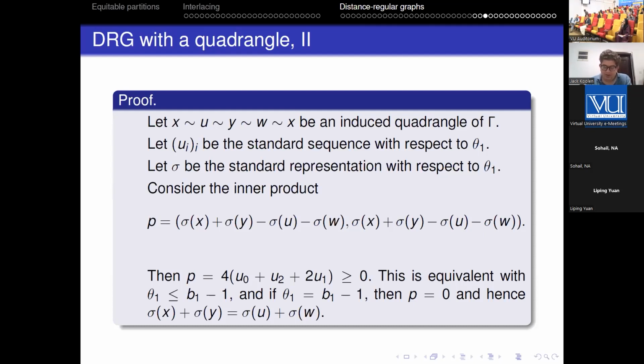So this is an easy exercise. And if θ_1 is b_1 minus 1, then p must be equal to 0. That means that σ(x) plus σ(y) should be equal to σ(u) plus σ(w). Very good.